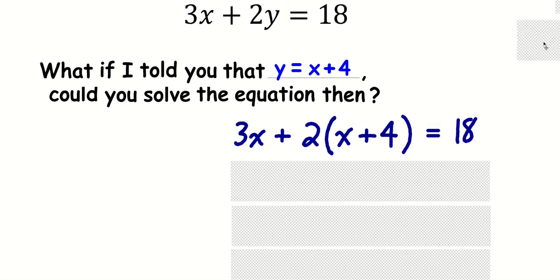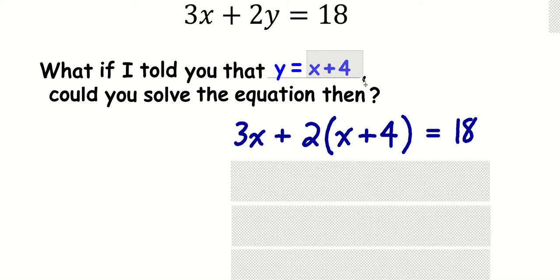Let's see. If y literally equals x plus 4, let's totally replace the y with what it equals. So now all of a sudden we have this. And yes, it was vital and necessary, it was important, to put parentheses around the x plus 4, because we're multiplying y by 2.